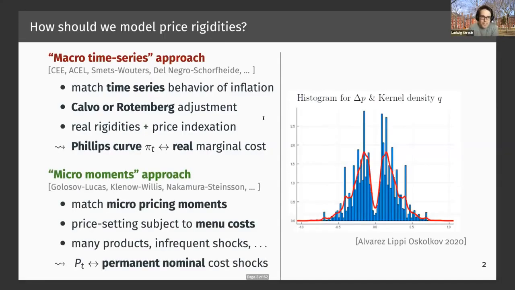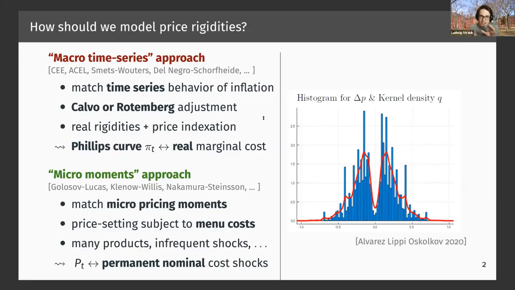There's also a more micro moments approach, which has really flourished in the last 10, 15 years. Here, the goal is to match pricing moments in the micro data. On the right, you see, for example, price changes as you see them in the micro data. Here, the workhorse model people have been using are menu cost models with several extensions, possibly to many products, possibly including infrequent shocks, et cetera.